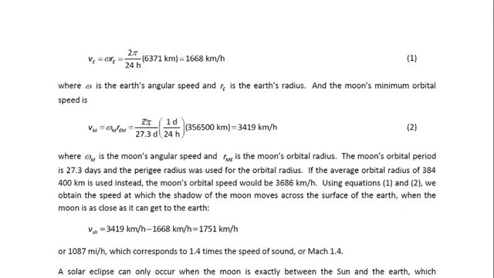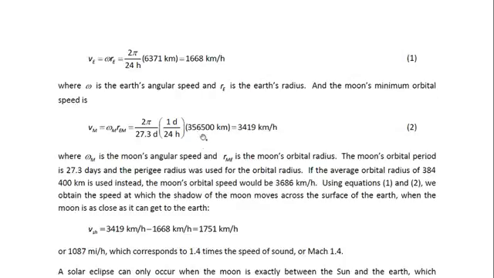This is 2 pi, which is the same as 360 degrees divided by the time it takes for the moon to go through 360 degrees, which is the moon's period of 27.3 days. We then convert that to per hour, and we multiply by the distance between the Earth and the moon.